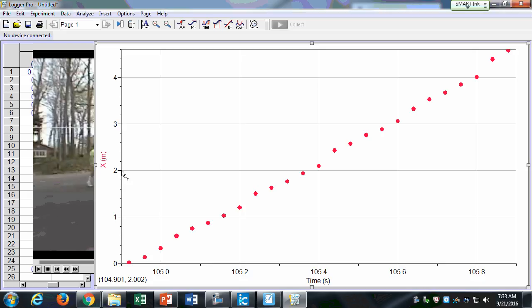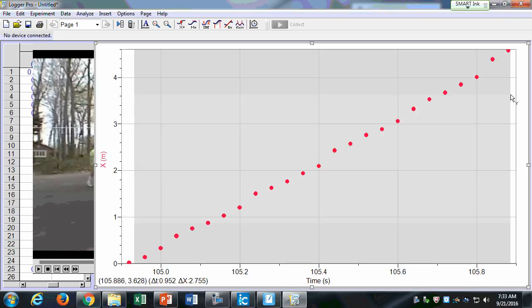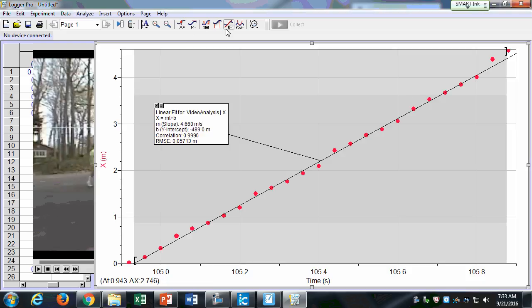Since the velocity here is not changing, that means the slope is not changing, so the acceleration is 0. It has a constant positive slope. See, that slope is almost 5 meters per second. So in the x direction, this ball is traveling at about 5 meters per second.